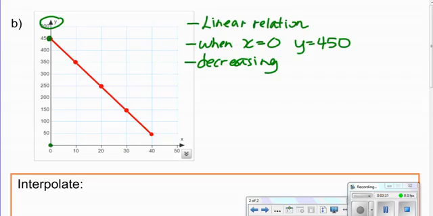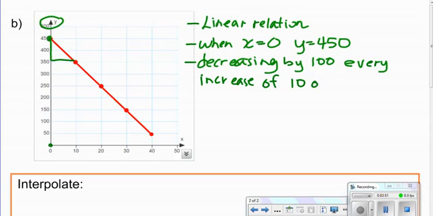Well, every time we go down 100, we go across 10. So we're decreasing by 100 every increase of 10 on the x.